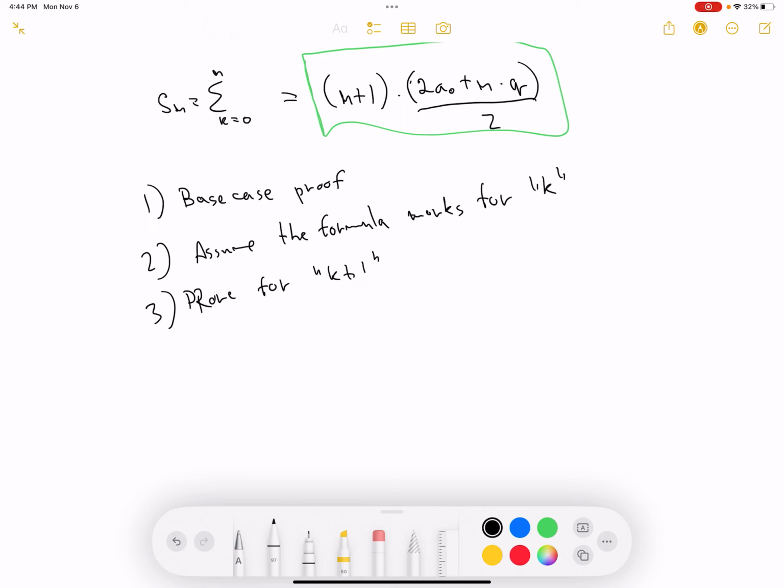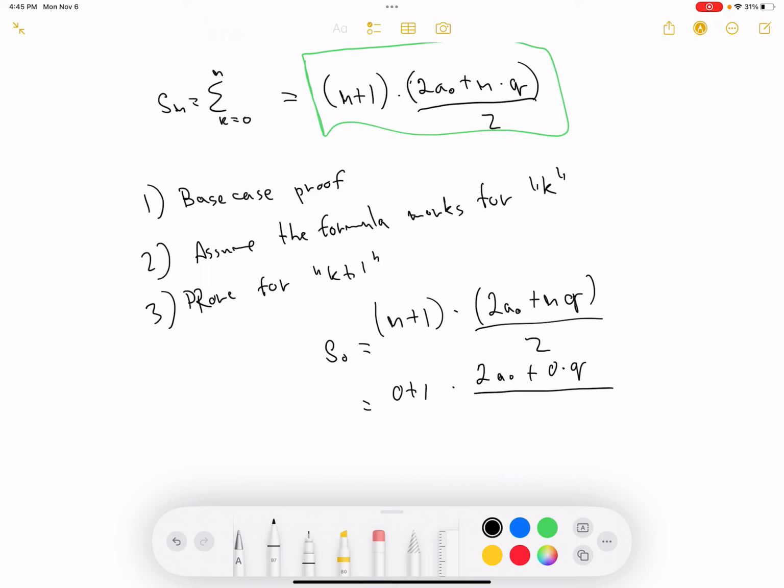We don't have to do the first term as the base case, but it's the easiest because we know that if we start from 0, the series with n set to 0 would be (n plus 1) times (2a0 plus n times q) over 2, and now we can plug it in, so (0 plus 1) times (2a0 plus 0 times q) over 2.